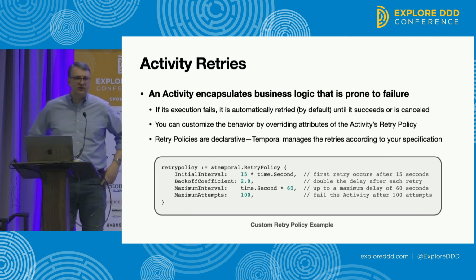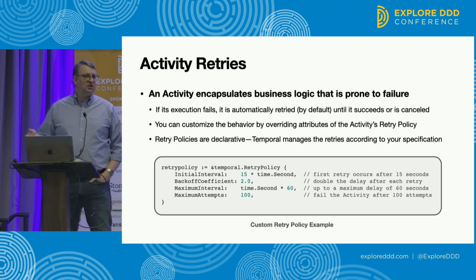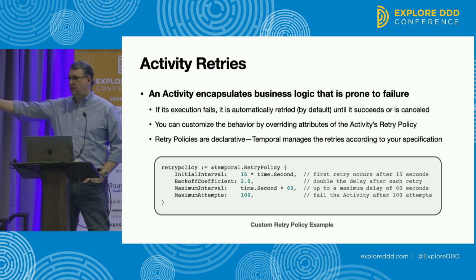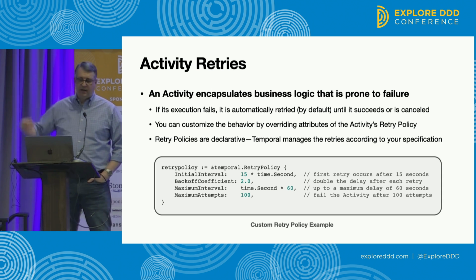I mentioned that activities are automatically retried. Since they encapsulate the business logic that is prone to failure, making network calls, database queries, writing to files, that kind of stuff, those imply the possibility of failure. So if it does fail, then it just retries until it succeeds.